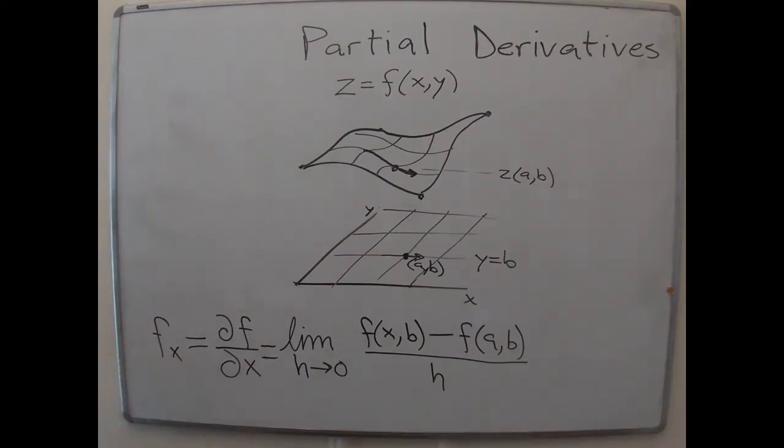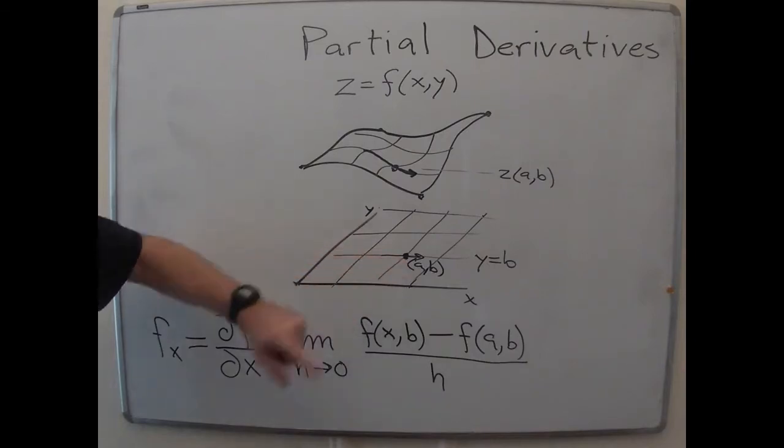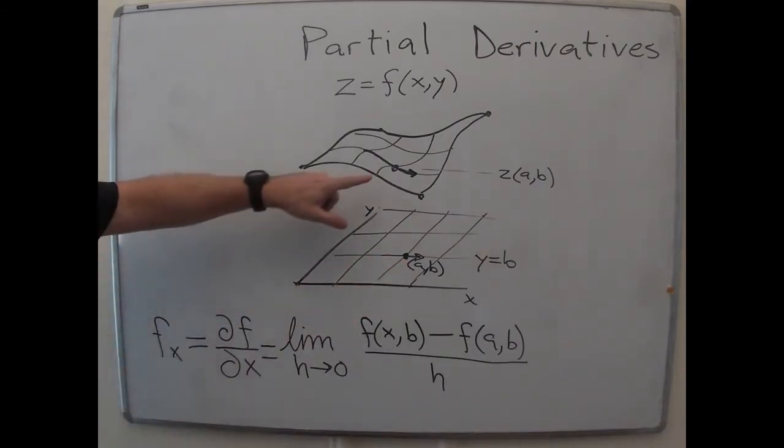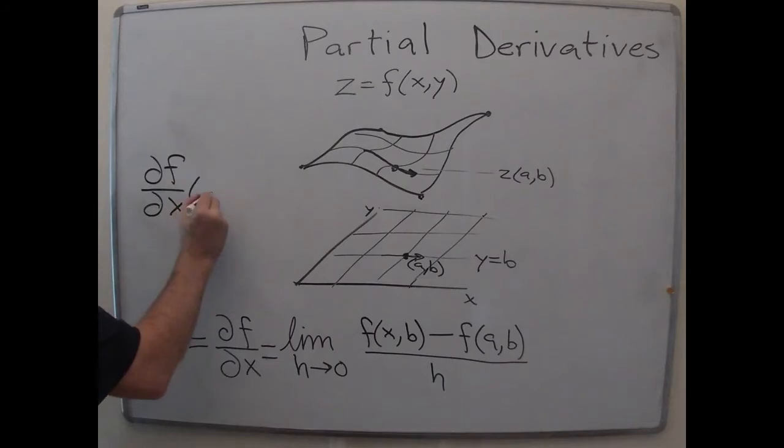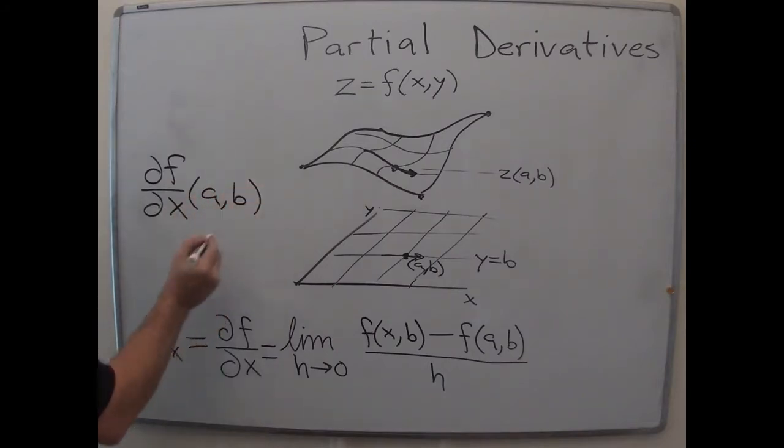These are actually functions, in fact, functions of two variables. They depend on where you're doing. So if we're at the point a, b, we would need to write partial f partial x evaluated at a, b, and f sub x evaluated at a, b.